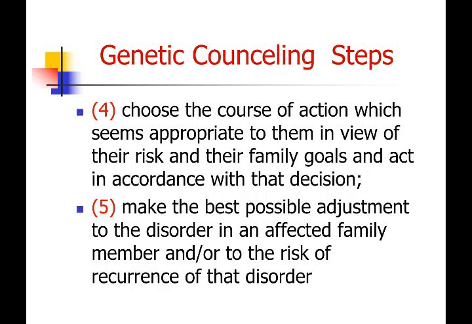The course of action here means that if they had an affected child who passed away because of multiple anomalies that the child had, and in the genetic testing we could not find the mutation for this disease in the previous child that they had.